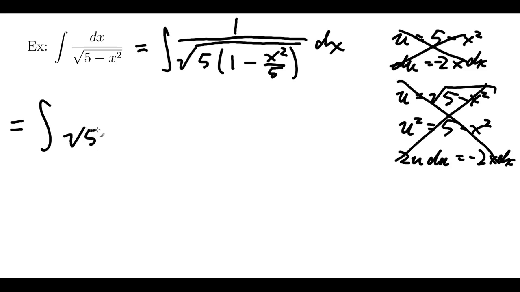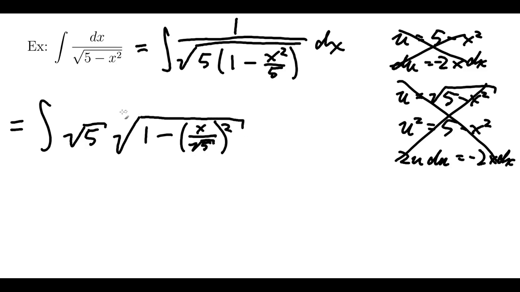So this is the square root of 5 times the square root of 1 minus x squared over 5. But that x squared over 5 we can write as x over the square root of 5, quantity squared. All of this is still in the denominator.